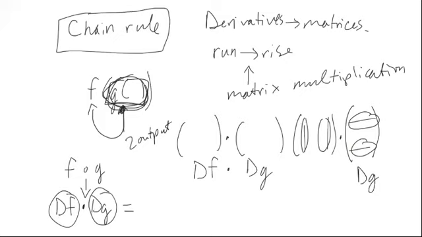Let's actually look at an example. Suppose that we have f of x, y equals x to the y. That's our function. And suppose also that we have another function going on here, x of t and y of t.